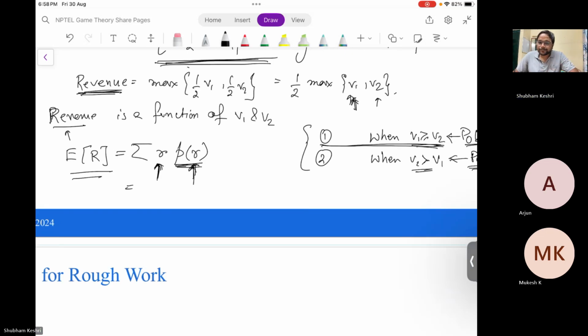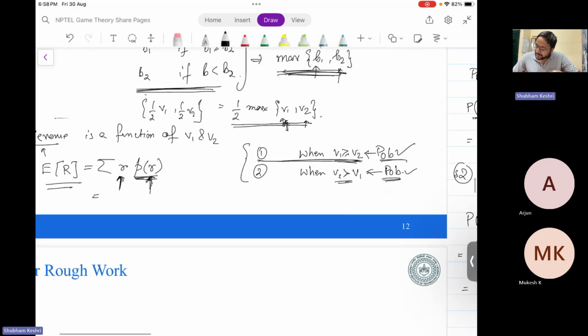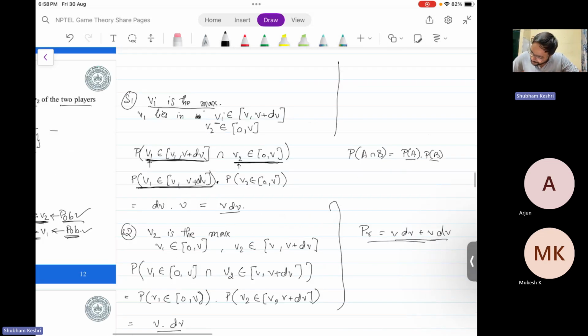What is the revenue he's getting? The revenue is the maximum of v1 comma v2. In this case, we will draw the line. It is uniformly distributed between 0 comma 1, and we said this is v and this is dv.